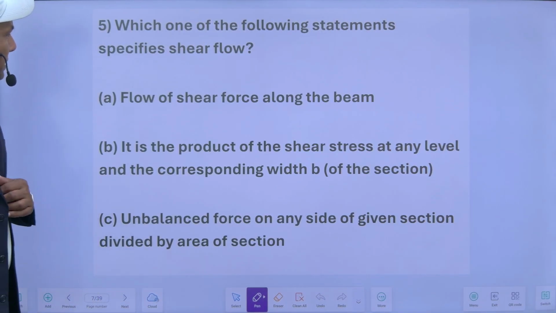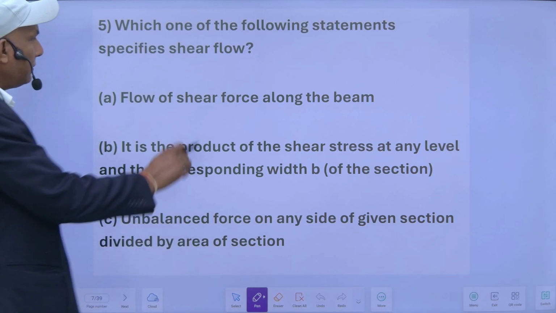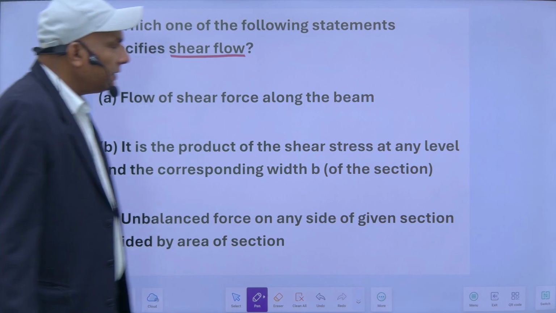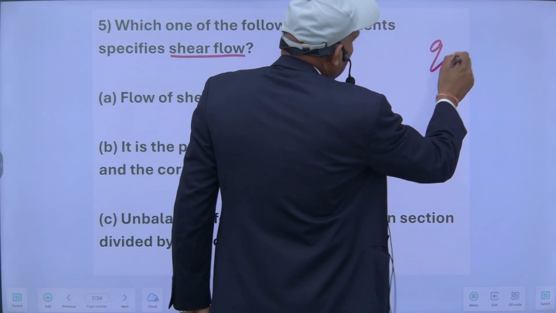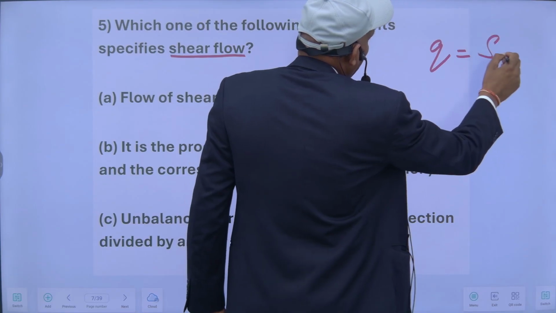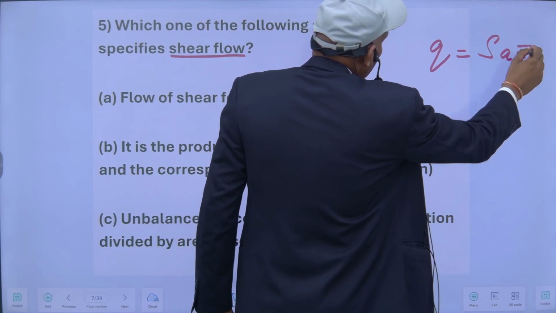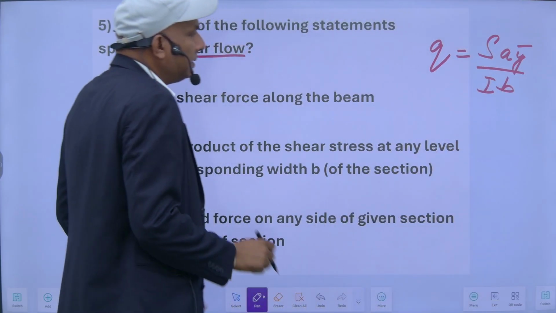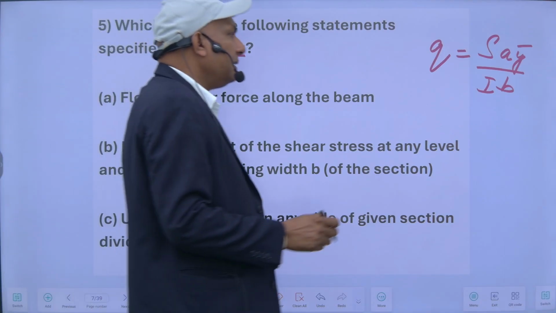Which one of the following statements specifies shear flow? Basically, what is the formula of shear stress? It is equal to S A Y bar upon I B. This is the shear stress. This S is the shear force.